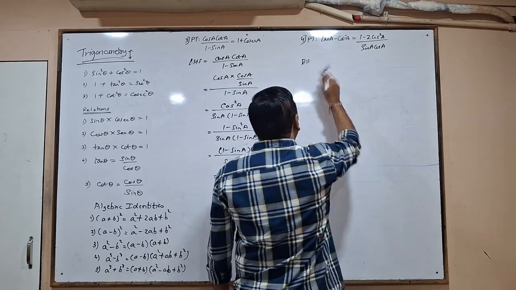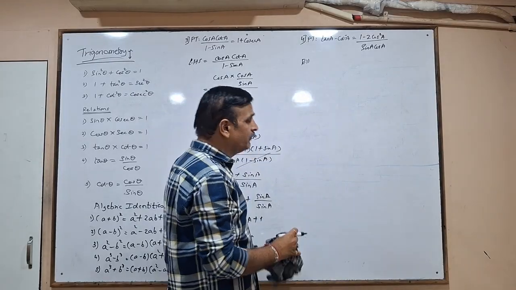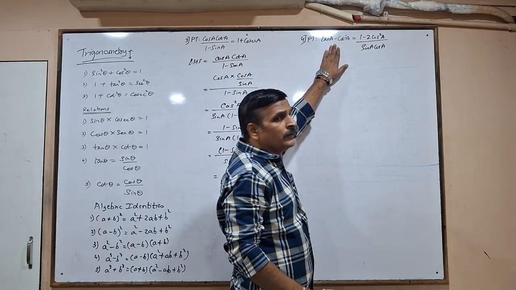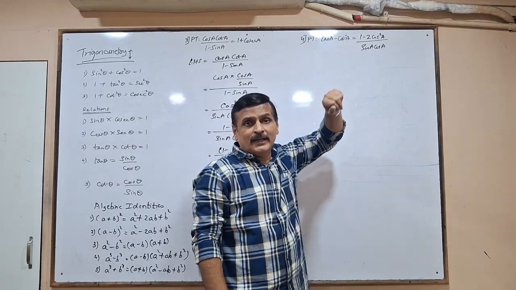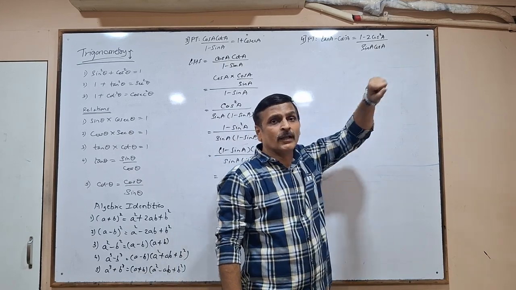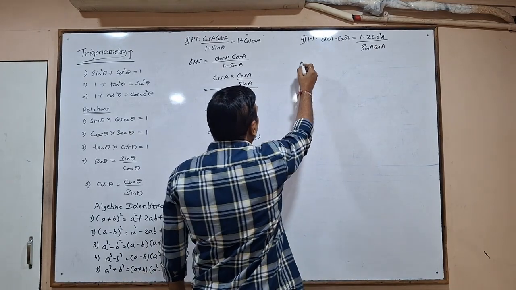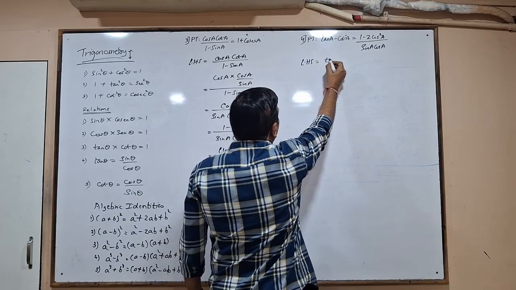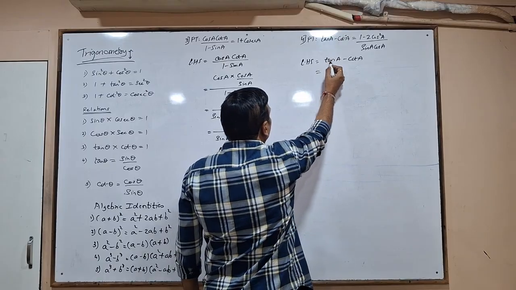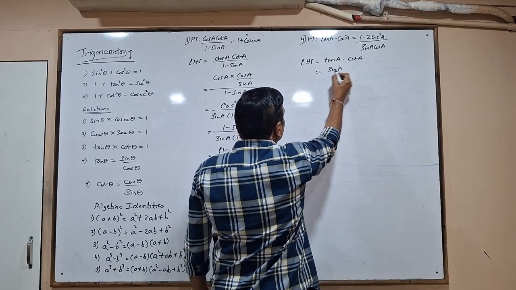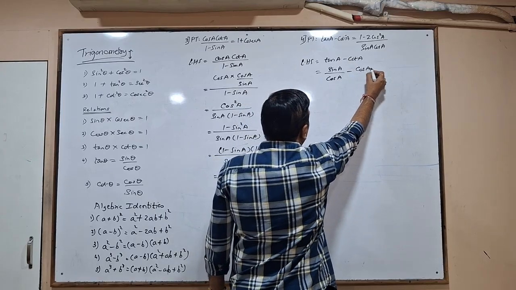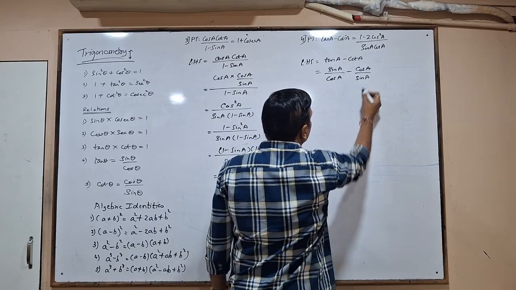So now I'll go with RHS, but in this case, one more approach is possible. Simplification by converting to sine and cos also will lead to this answer quickly. Let's see how. LHS is tan A minus cot A. It is sine upon cos minus cos upon sine.